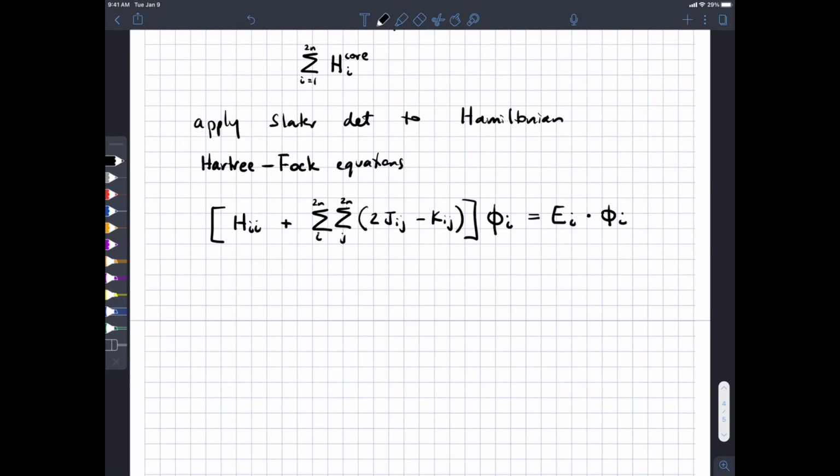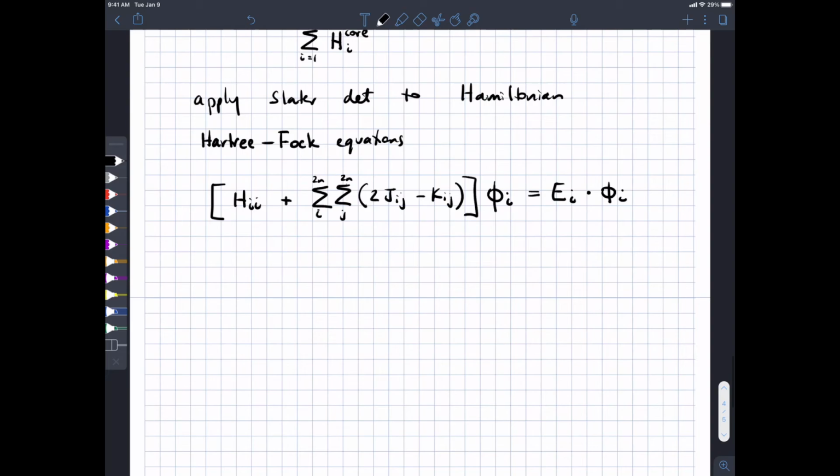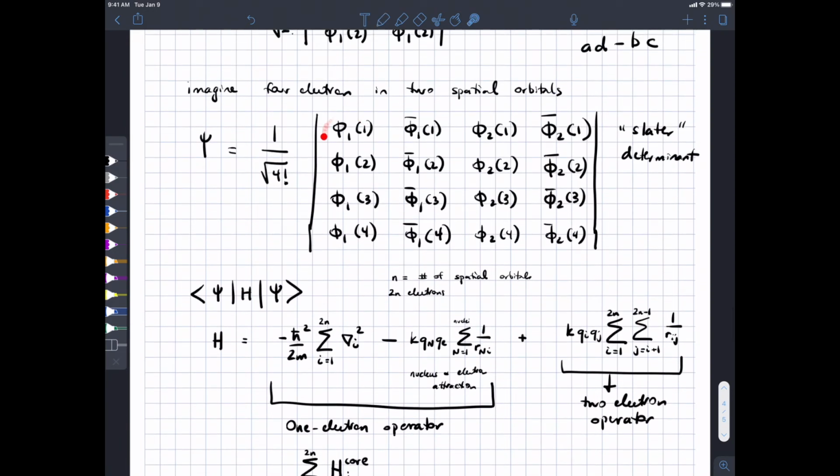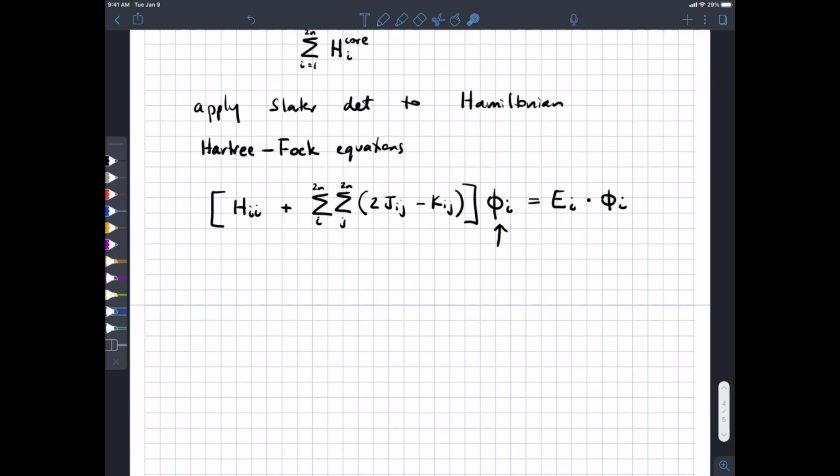The phi with the subscript I simply represents each one-electron wave function from the Slater determinant. Phi 1 or phi 1 bar, phi 2 or phi 2 bar. I haven't figured out a way to put the bar or not on top of that, so we just won't. We'll pretend.